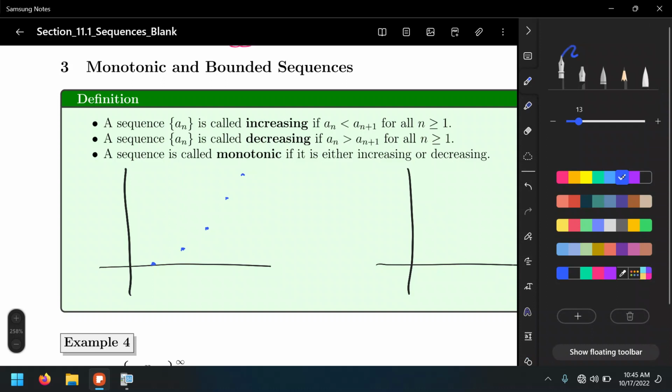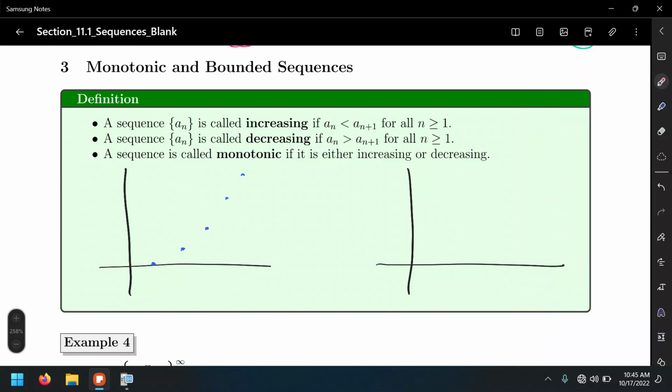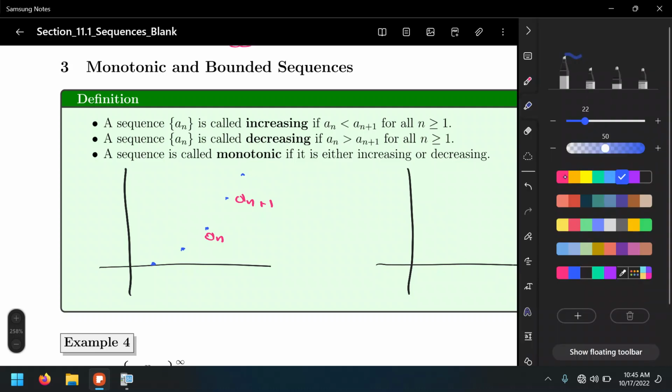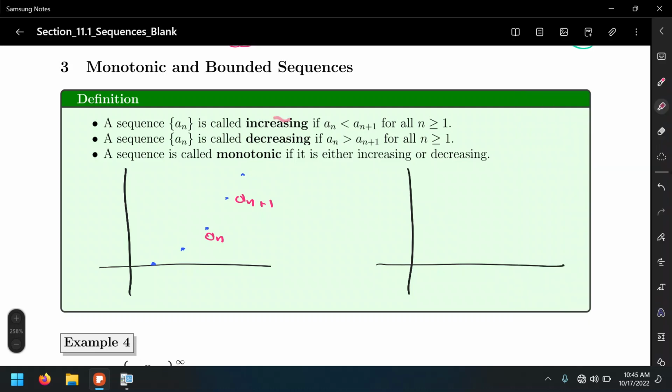So we're going to choose some a sub n. The next term in the sequence would be a sub n plus 1, and then a sub n plus 2, a sub n plus 3, etc. That'll be just the next term. So the sequence is called increasing if a sub n is less than the next one, a sub n plus 1.